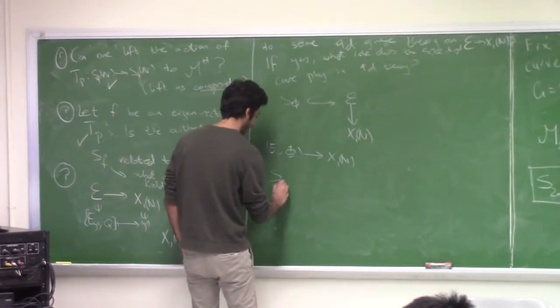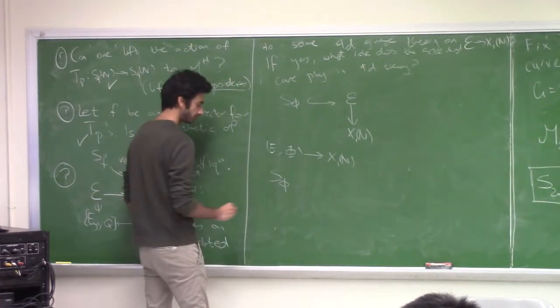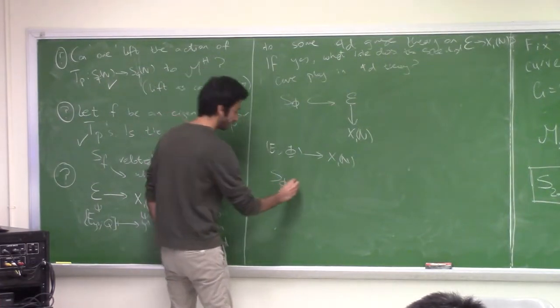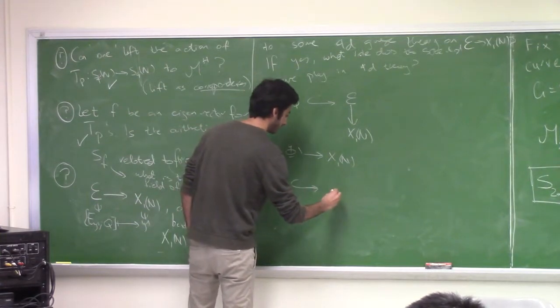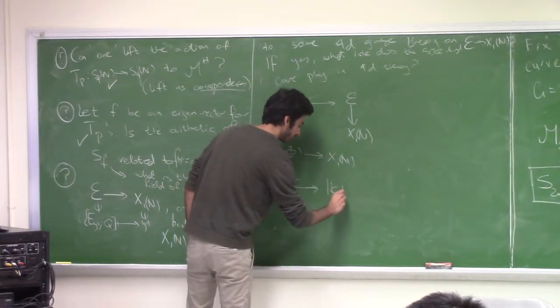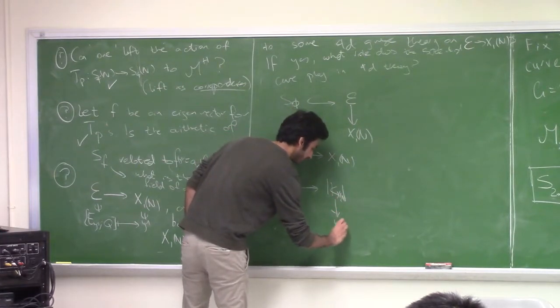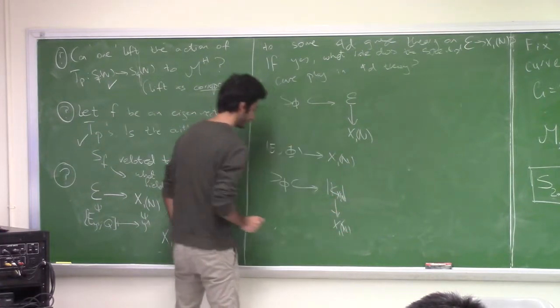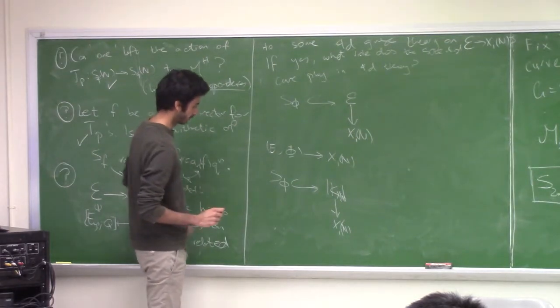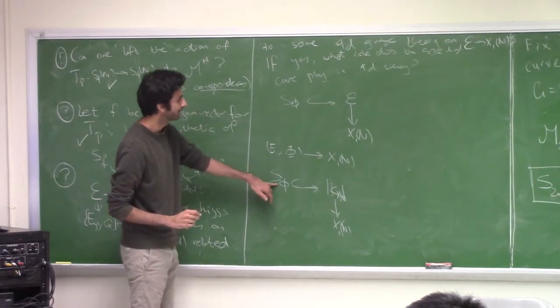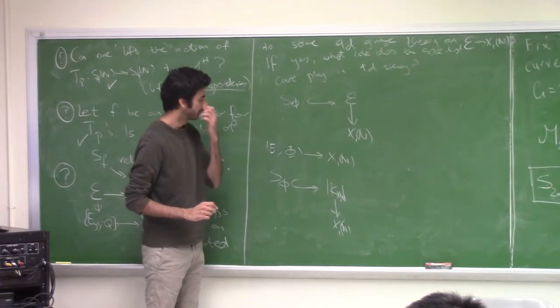You have the spectral curve S_phi. And we know that S_phi embeds in the total space of the canonical line bundle over this thing. The question is, does it also embed in this elliptic surface?